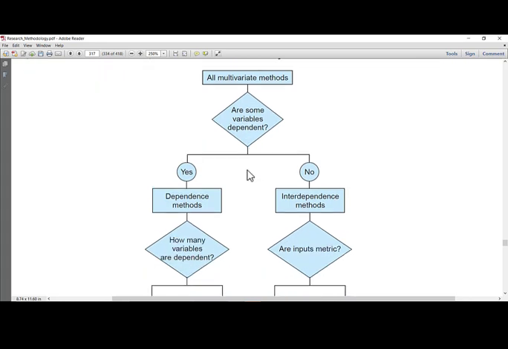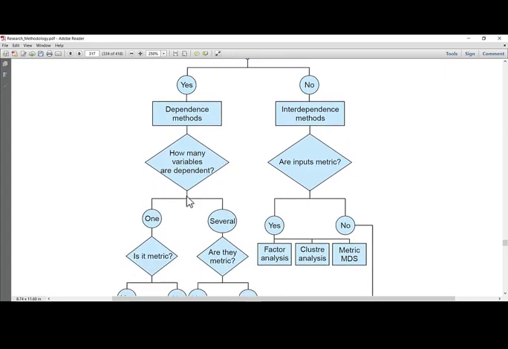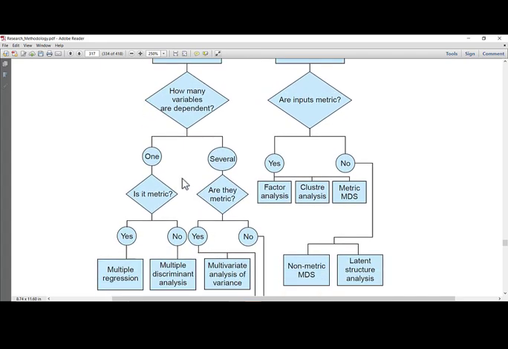If the answer is yes, then dependence methods. How many variables are dependent? If there is one variable dependent, you see we have here multiple regression. Please understand this one. And if there are several variables dependent, then you can see here we have multivariate analysis of variance.